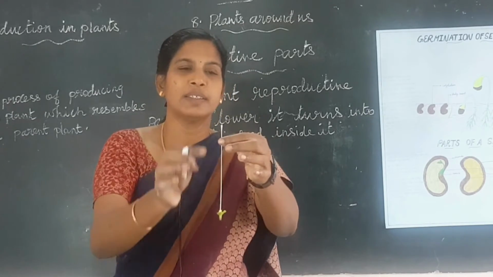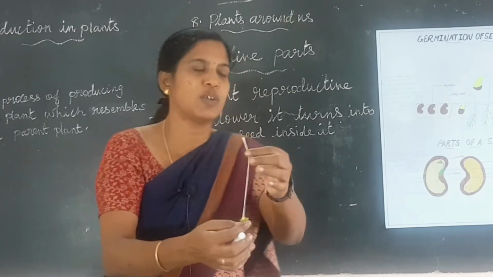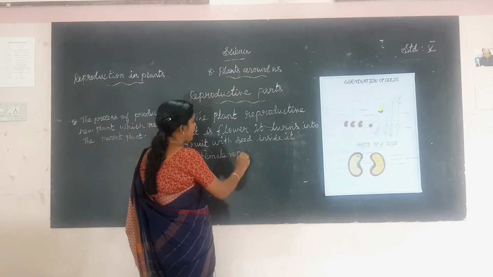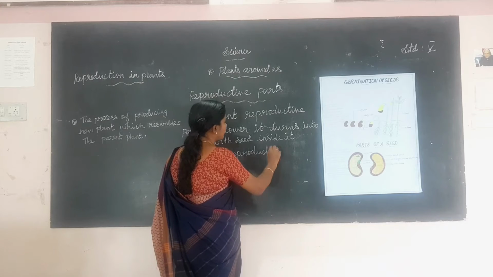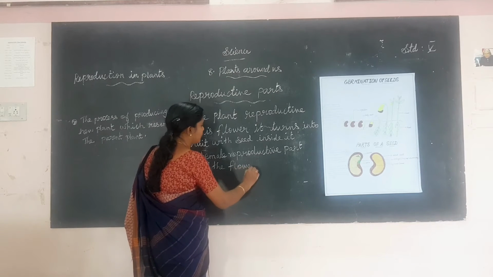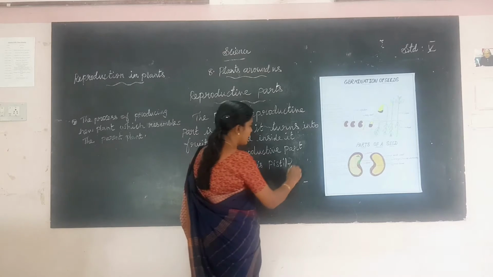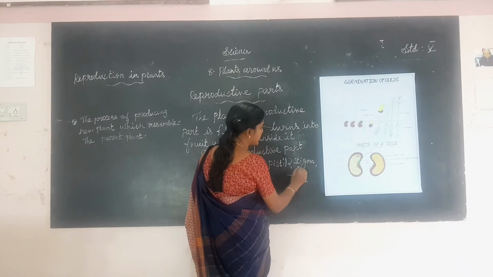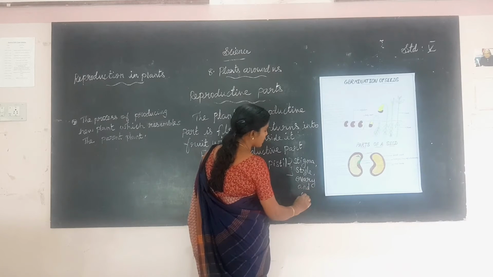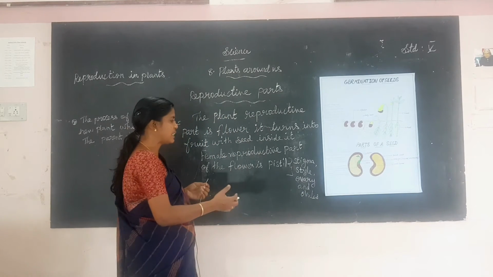The ovary becomes the fruit, and the ovules change into the seed.